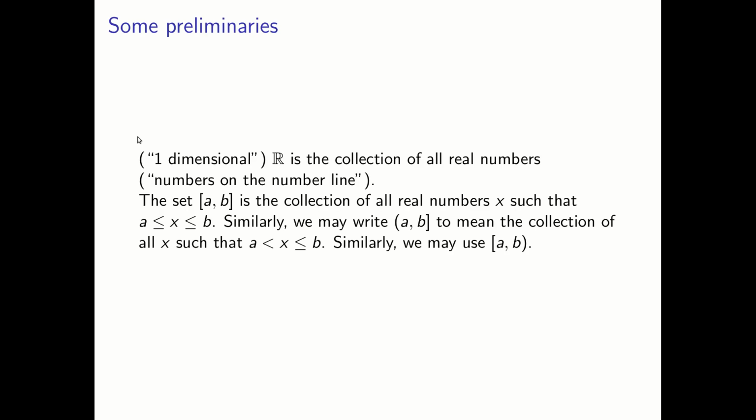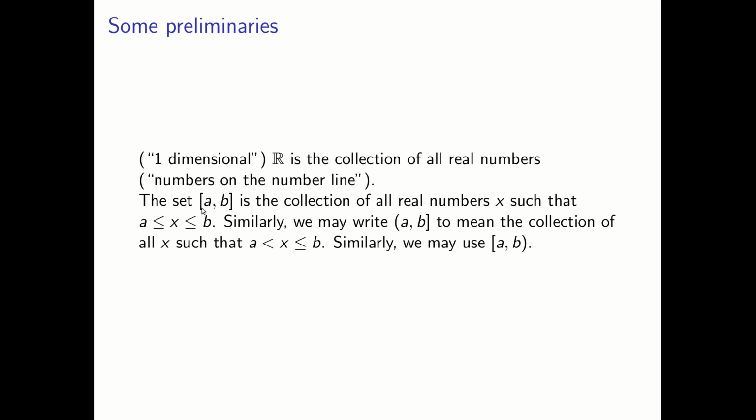So for some preliminaries, when I draw this symbol R, you may know the symbol already, but what I mean by this is the number line. So, the horizontal line with 0 at the middle, positive numbers to the right, negative numbers to the left.